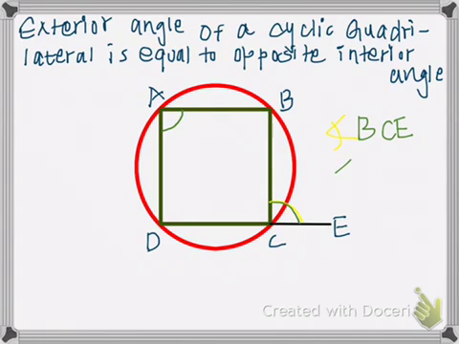Here angle DAB is equal to angle BCE. If this is 90 degree, then this must be 90 degree.